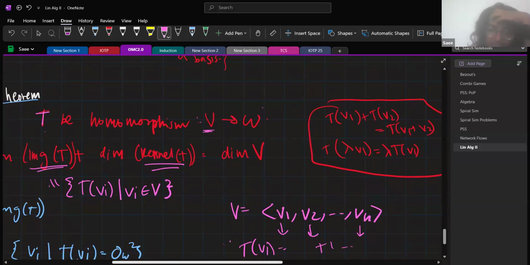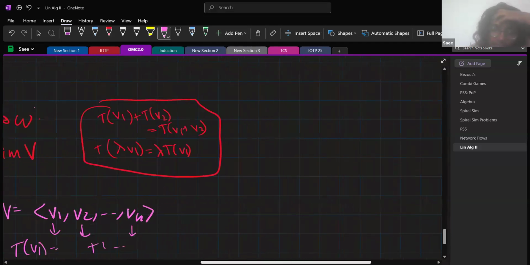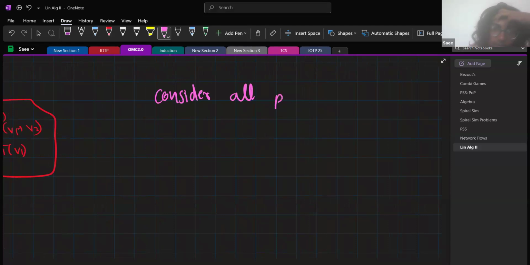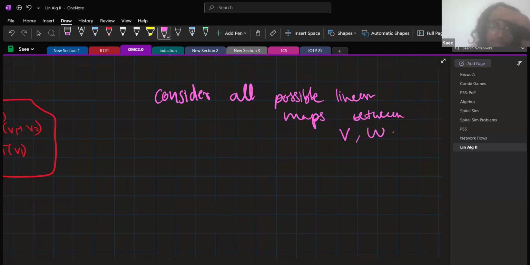Okay. So the thing I want you to say is: consider the space of all possible linear maps between vector spaces V and W. Now, the insanely cool thing is that this itself is a vector space.